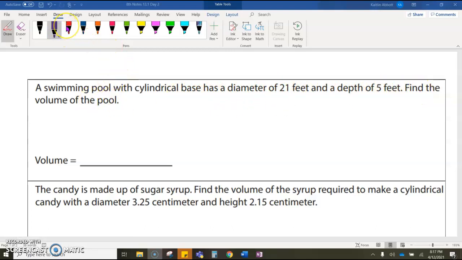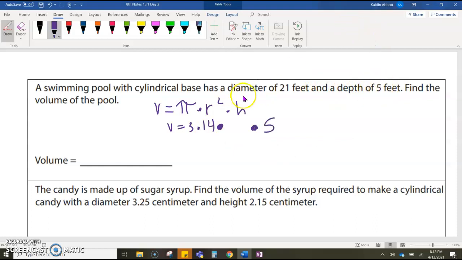So remember our formula, volume equals pi times r squared times height. Remember, we need radius. So pi, we always know pi. So V equals 3.14 times, I like to make these kind of big so they don't look like decimals, times the radius squared times the height. And the depth or the height of the pool is 5.